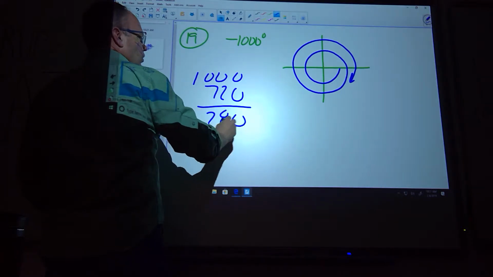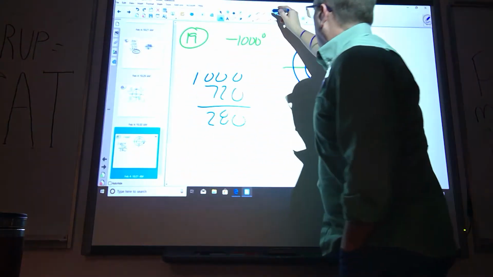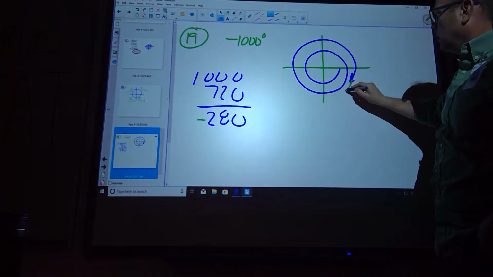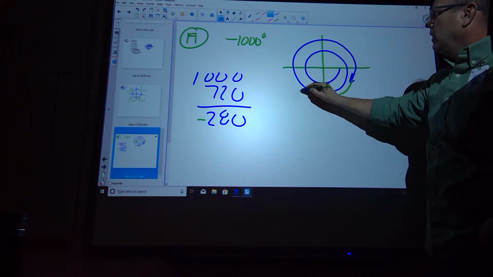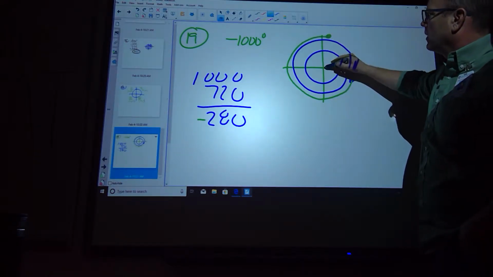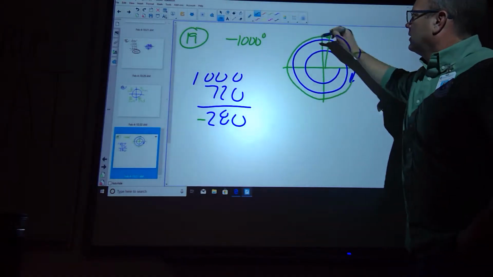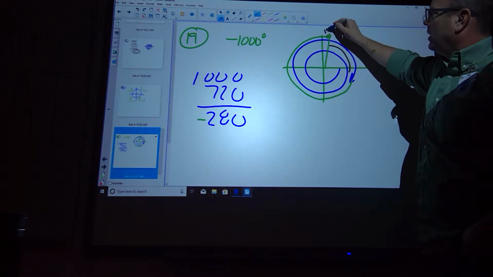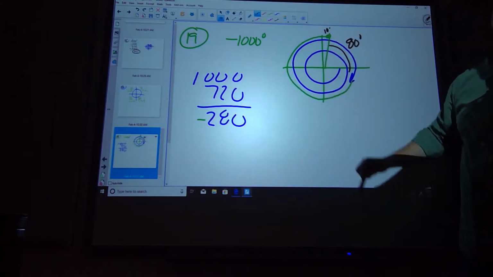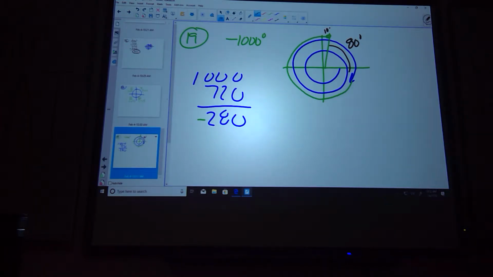Is that 280? Okay, so we're at negative 280, so this is going to keep coming. That's negative 90, negative 180, negative 270, so it's right here. So what is this angle here? Well, that was 10 degrees more, so this has to be 80 degrees because the whole quadrant is 90 degrees. Nice. Anything else?